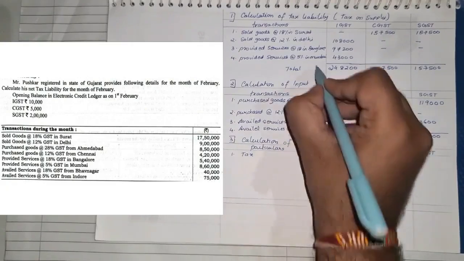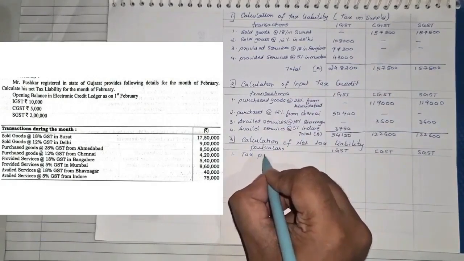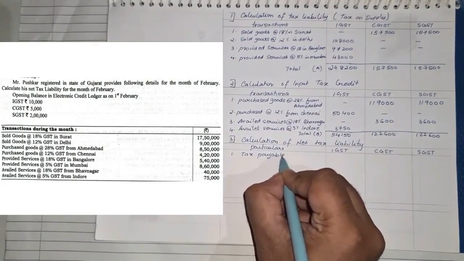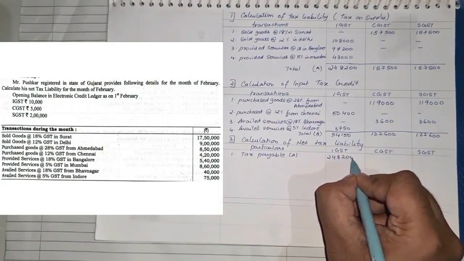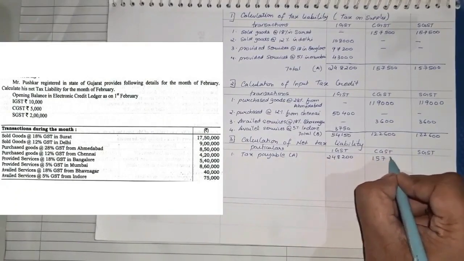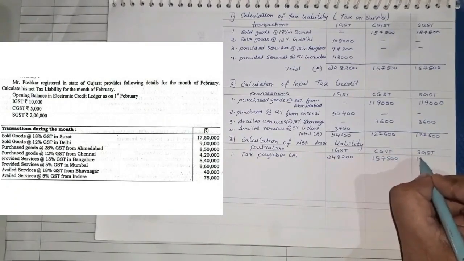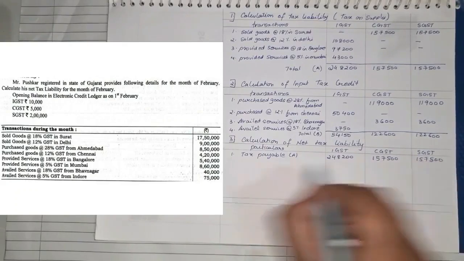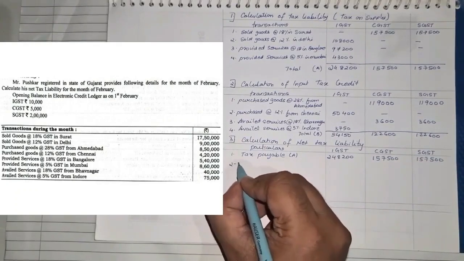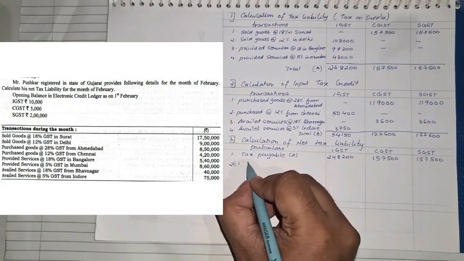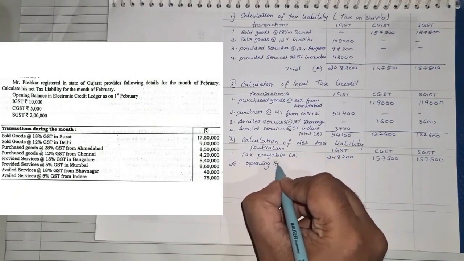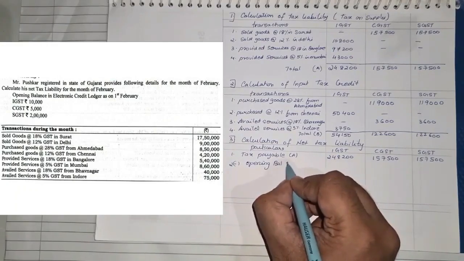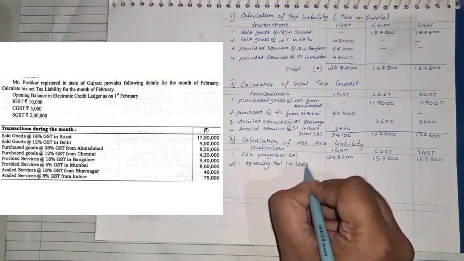This is my B answer, this was my answer A. So tax payable, that is nothing but the part A answer, that was 2,48,200, 1,57,500 and another 1,57,500. Step number 2 will be less opening balance of electronic credit ledger.